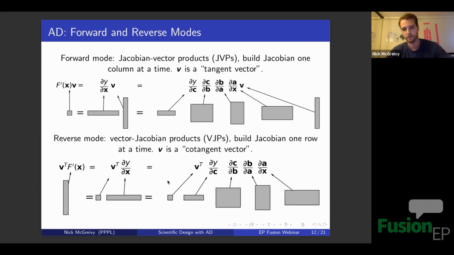And again, you're doing matrix vector products. Any questions on this slide? Because it's kind of an important one. Is it clear? Okay, cool.